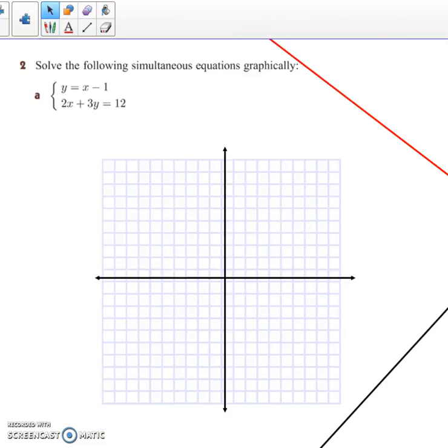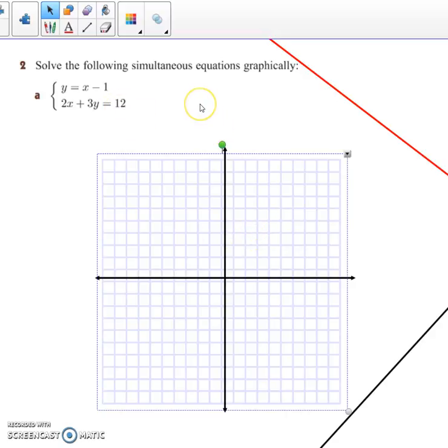Another example we've got here, looking at question 2, is one where the top one is in y-intercept and gradient form, so that one's nice and easy, we can plot it with no problems. You've got negative 1 as your y-intercept, so if we say this is our negative 1 here, let's label that one.